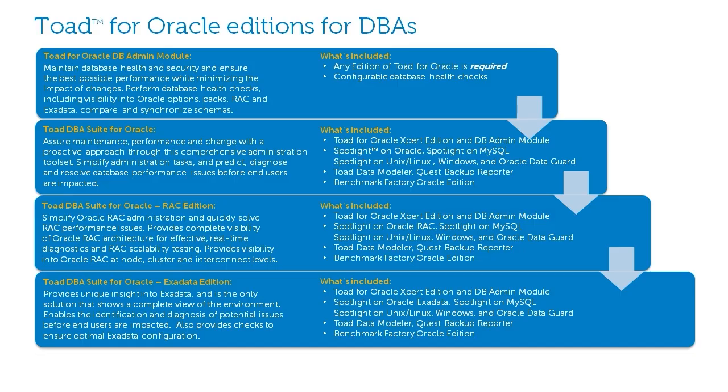So this first one, DBA Suite Oracle, has Spotlight on Oracle, which is a real-time diagnostics tool which helps you diagnose the root cause of a performance problem and helps you resolve it very quickly. The Rack edition is very similar, but this time the Spotlight is looking at your Rack cluster environment, and then the Exadata edition is looking at your Exadata appliance.